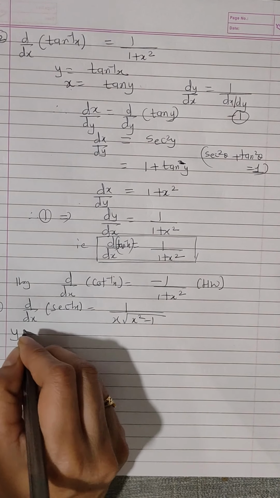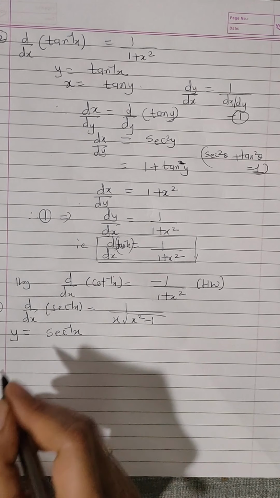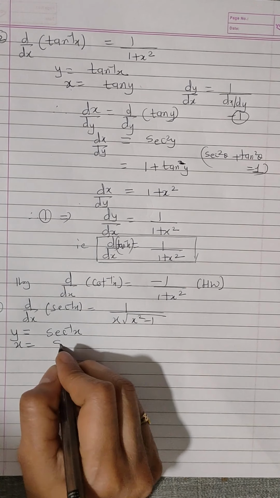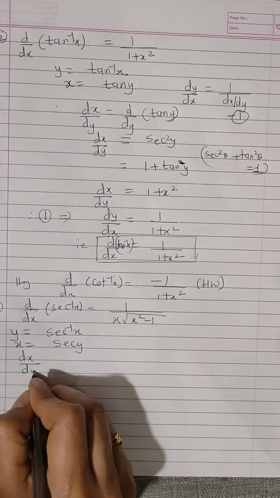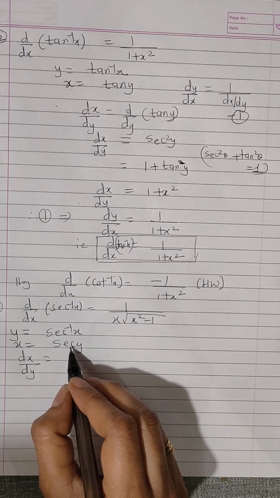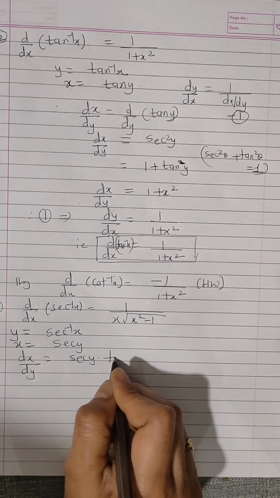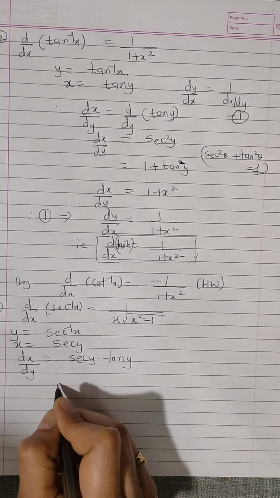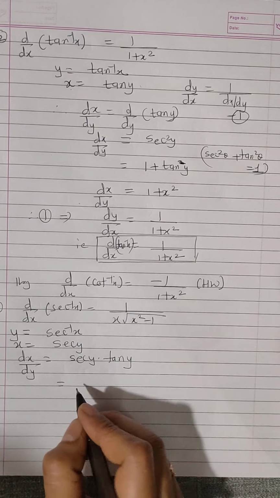So I will start with y equal to sec inverse x. What will be x then? Sec y. Okay, what is the derivative of x with respect to y? Differentiation of sec is sec into tan. So sec y into tan y, sec y as it is, okay, tan.